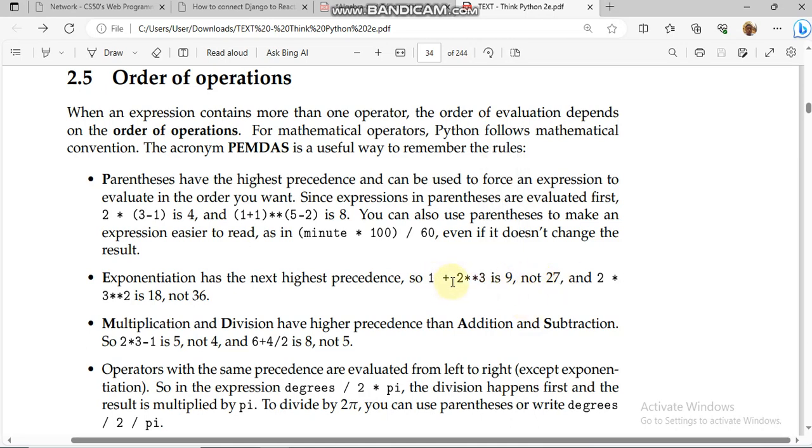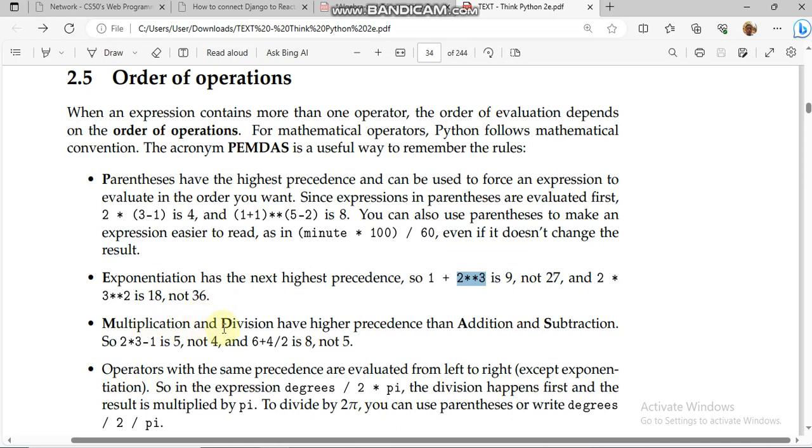It is not like I have 1 plus 2, which will return 3, then 3 to the power of 3 will give 27. Not that way. Here it is not in parentheses, but this operator has higher precedence over addition. So if I also have 2 multiplied by 3 raised to the power of 2, it is 18 and not 36.